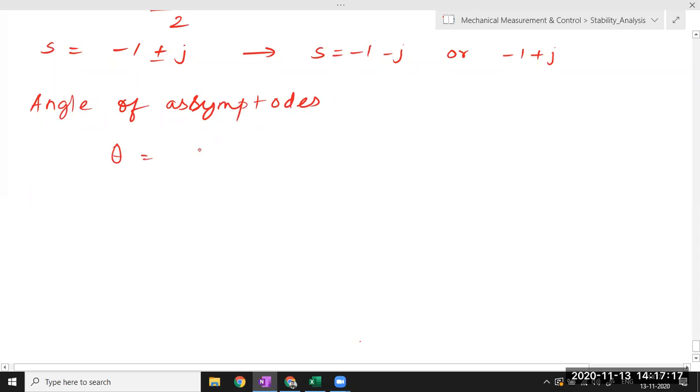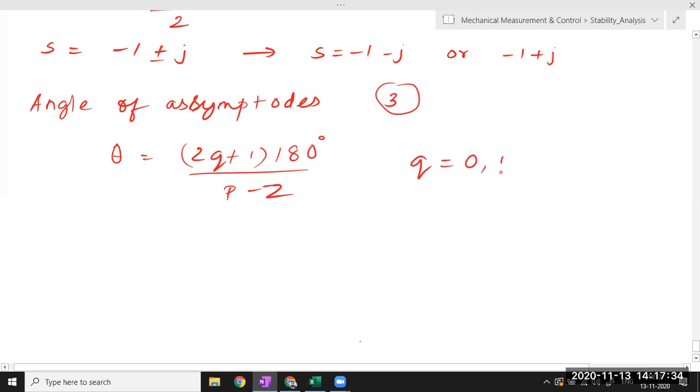Theta is equal to (2q plus 1) into 180 degrees divided by p minus z. Since the number of branches approaching infinity is 3, the value of q should be 0, 1, 2. Once we put q is equal to 0, we get theta 1. So 180 divided by p minus z, which is 3, we get 60 degrees.